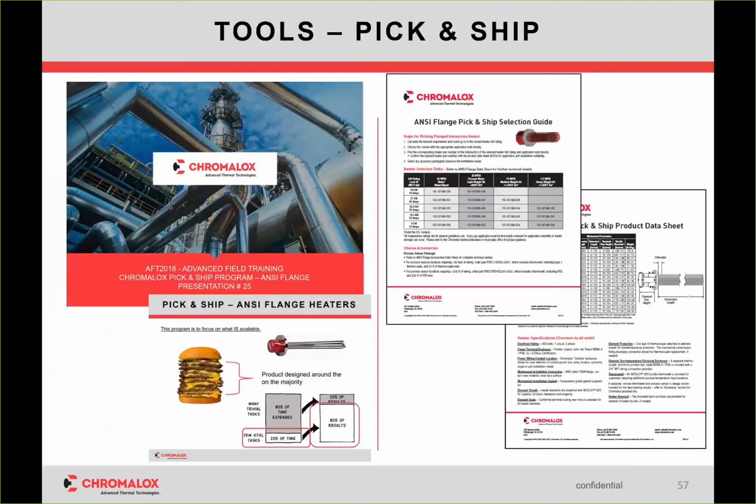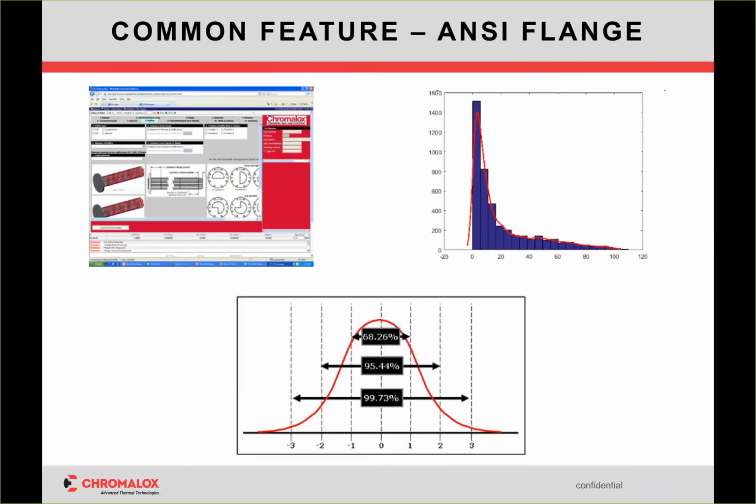So to speed it up here before we get done, the pick and ship. Hopefully all of you have seen this. You've heard about it. Mark Wheeler did a big presentation on it, which was back in December, presentation 25. Essentially, the gist of this, and I will summarize it and update it quickly, is they went through the sales history for Chromalox and decided what were the core options that met 80% of the sales.